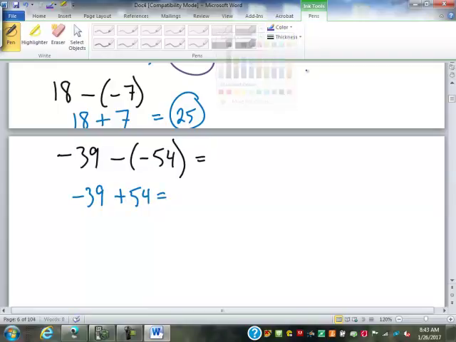So now to the vectors. Got negative 39. Positive 54 is the opposite direction, longer or shorter? Longer. So our answer is positive, and it's the difference between 54 and 39. I'll take the larger absolute value first, 54, minus 39 is 15. So this is a positive 15.